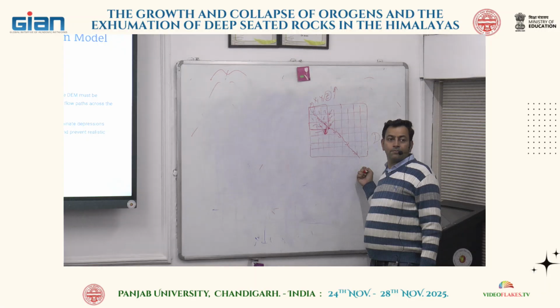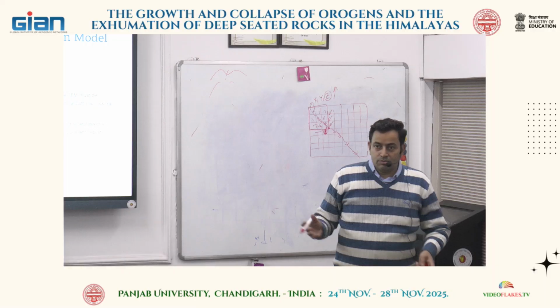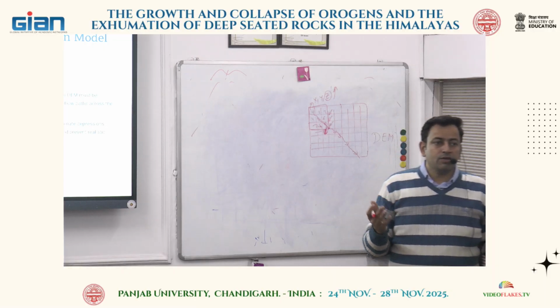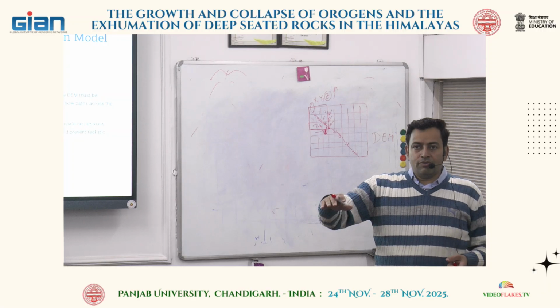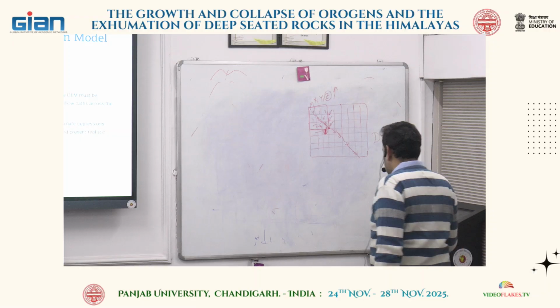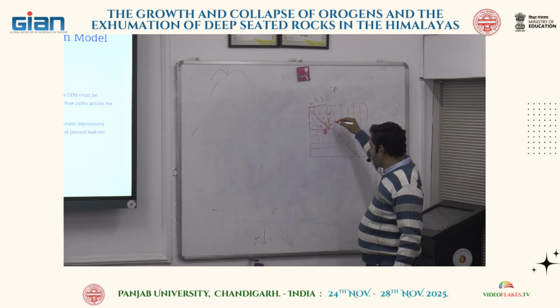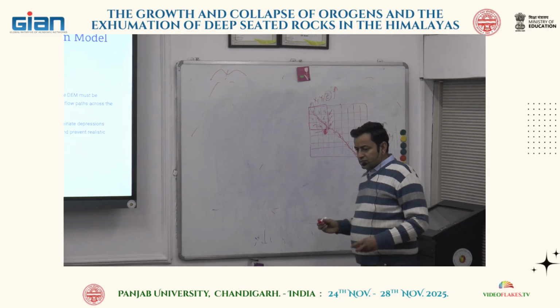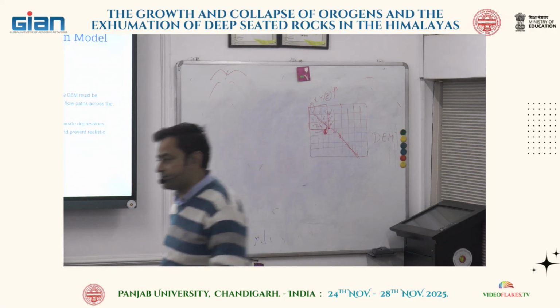Nothing will come out. So we need to remove these errors by doing pre-processing. What we can do is put some dummy values, or we can say that it is a null value, so that this is not a sink. If it is a sink, then all water will just go here. Nothing will come out this side. So that is just to remove the errors from the DEM.